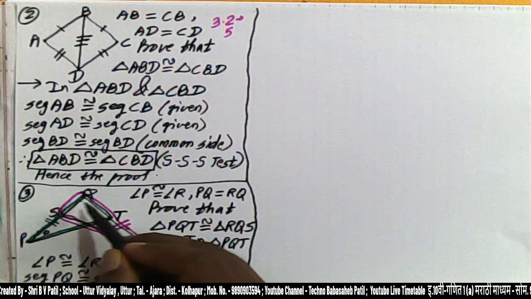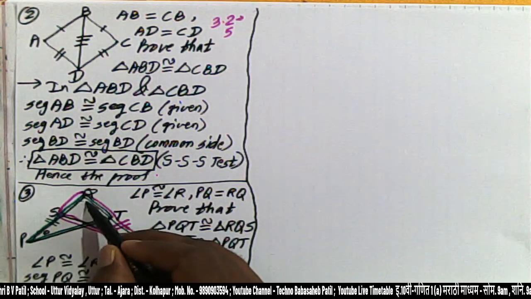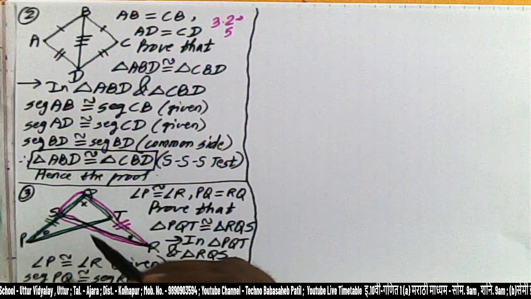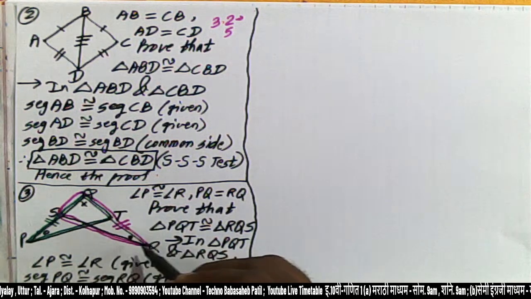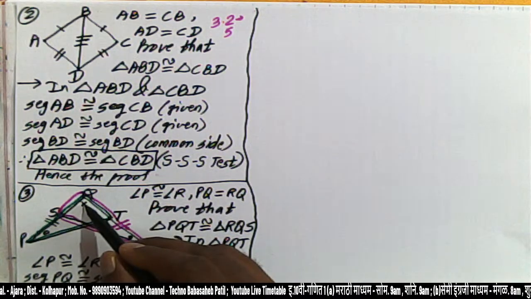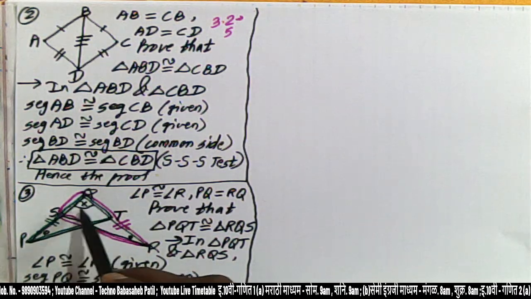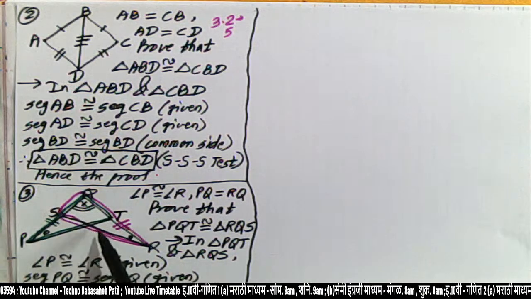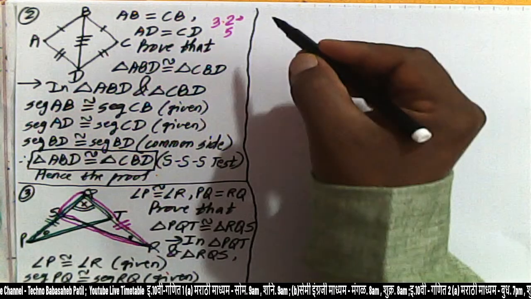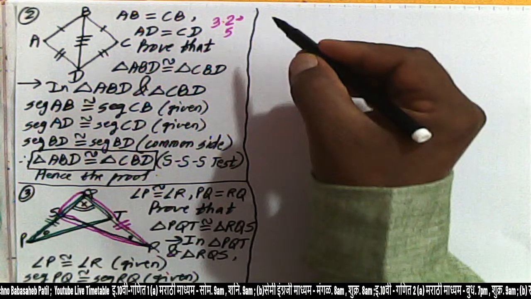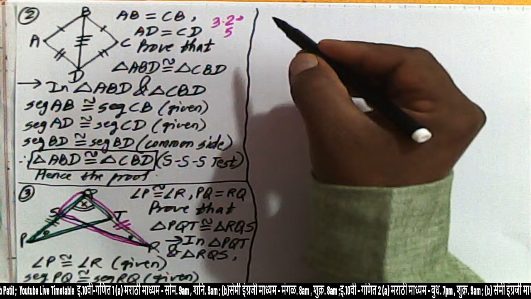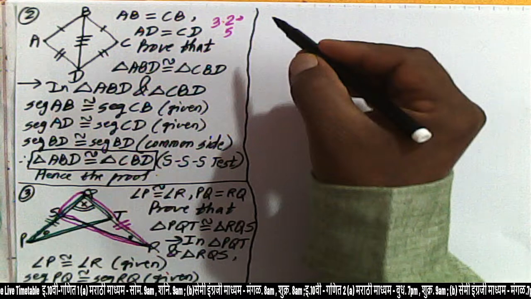In the green triangle angle Q is present, and in the pink triangle angle Q is also present. This means angle Q is present in both triangles, so it is a common angle, angle Q congruent to angle Q.